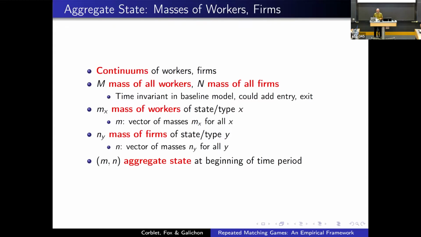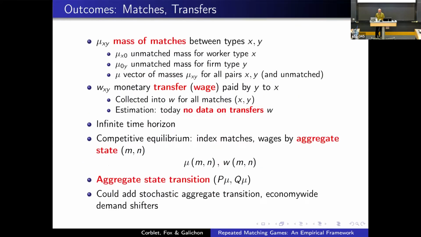So at the beginning of a time period, what we start the per-period market with is an (M, N) tuple, where M is the vector of all the worker types and N is the vector of all the firm types. And then each period there'll be an outcome, and the outcome will be a match. So the match here is a mass of matches between the two types, the worker and the firm, X and Y. So mu of X, Y is the mass of matches between worker X and firm Y.